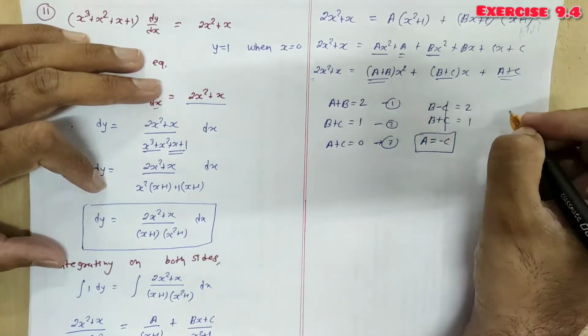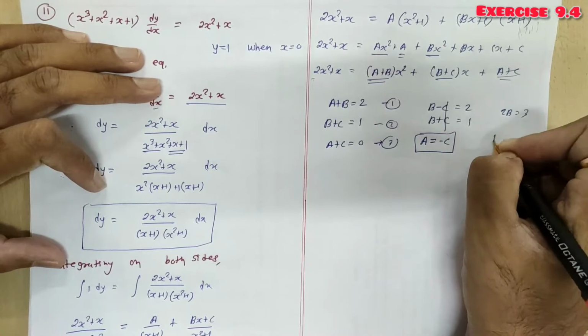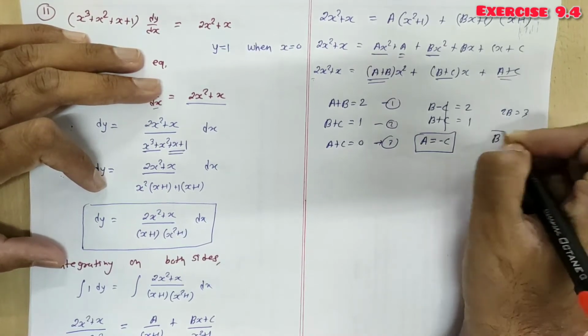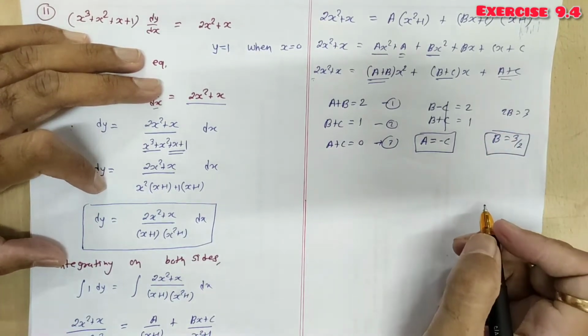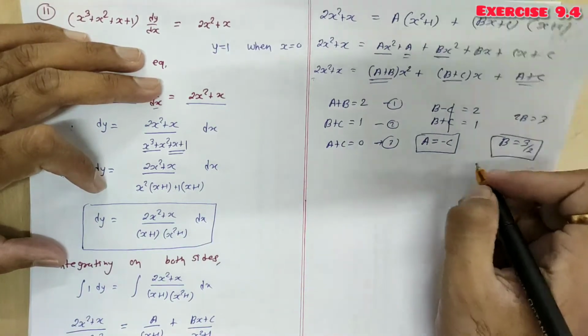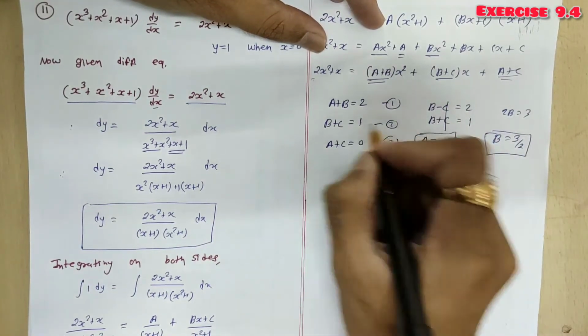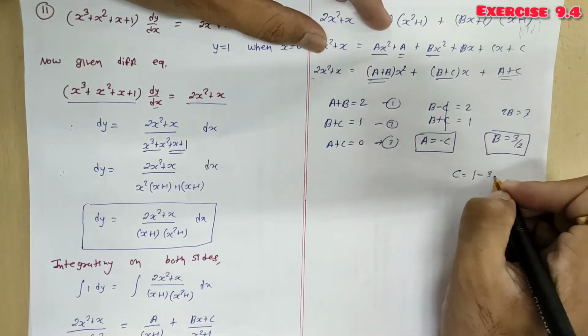Adding these two equations, we get 2b equal to 3, and therefore b equal to 3 by 2. Now if b equal to 3 by 2, we can find the value of c. From equation 2, c is 1 minus b, and b is 3 by 2.